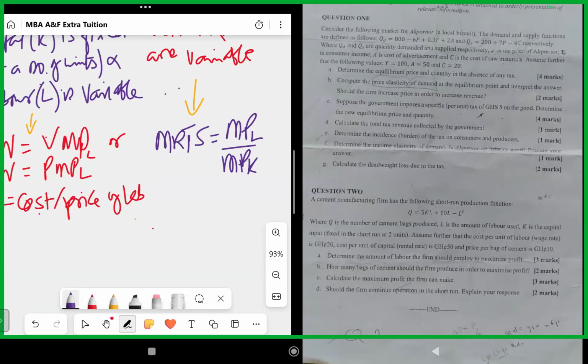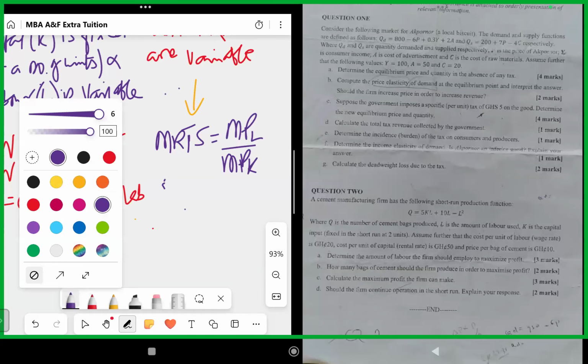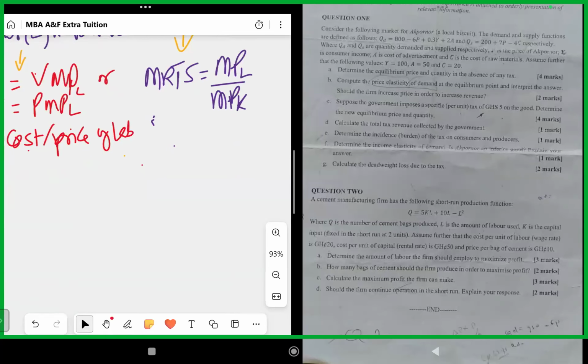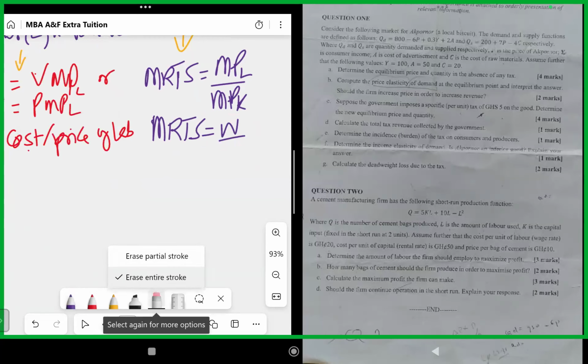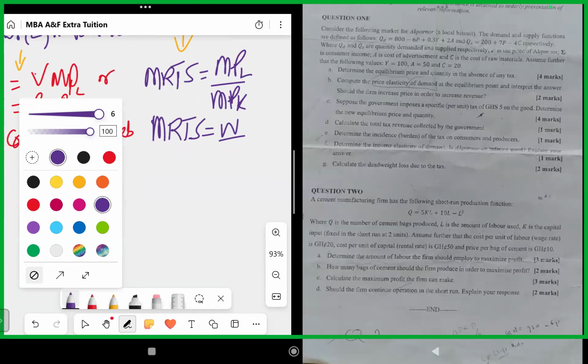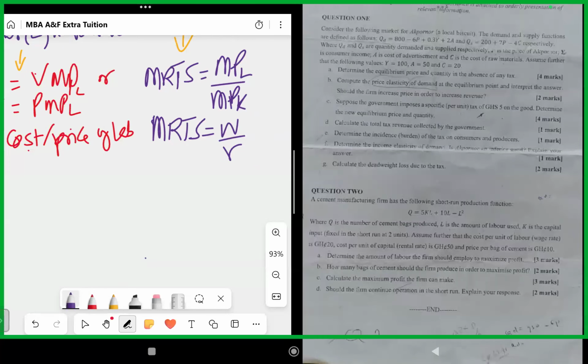So now we will say that MRTS equals MPL over MPK. And when I also say that MRTS equals wage over rate, W over R. Now, if I want to replace the MRTS, what will I replace it with?